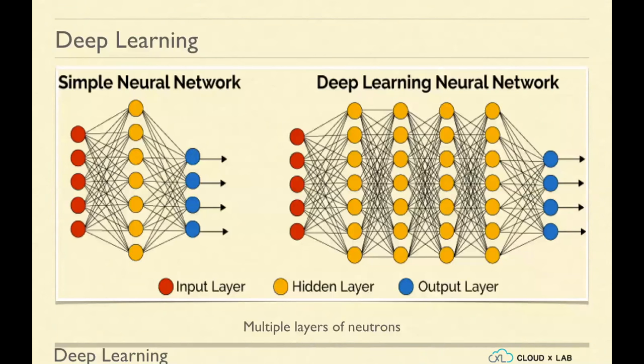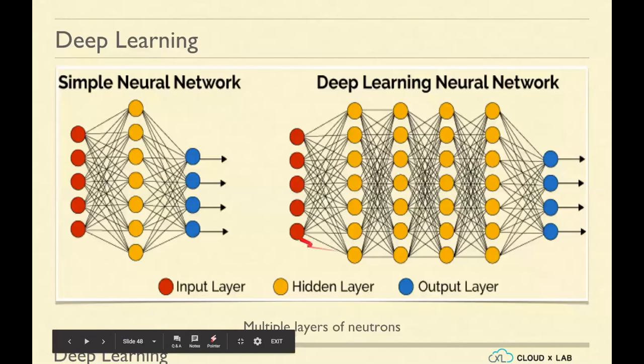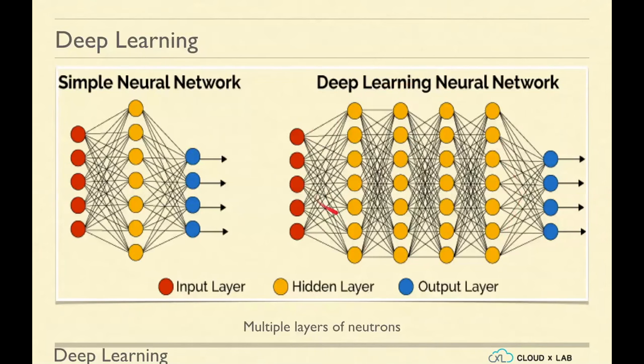A question is, what is backpropagation? Backpropagation is a technique whereby, the way I described, we were computing each neuron by tweaking the weights, checking the output, tweaking the weights and checking the output. That process is called gradient descent. Here, we start from the left and assume the value of the weights, or these knobs, and let each of them do the calculation at every point. We multiply the input water temperature with the knob, do the computation, and keep doing that until we reach here.